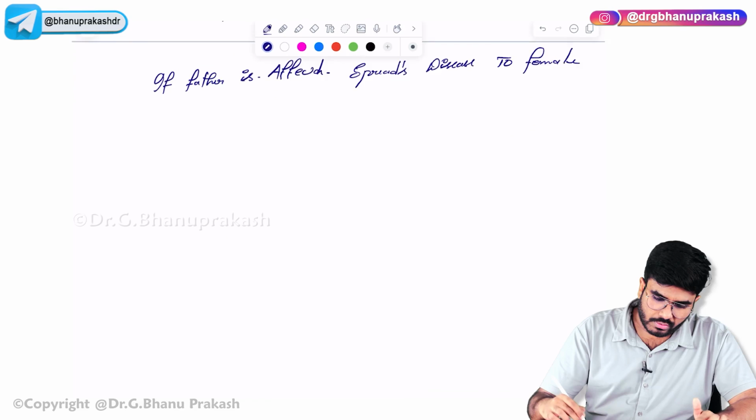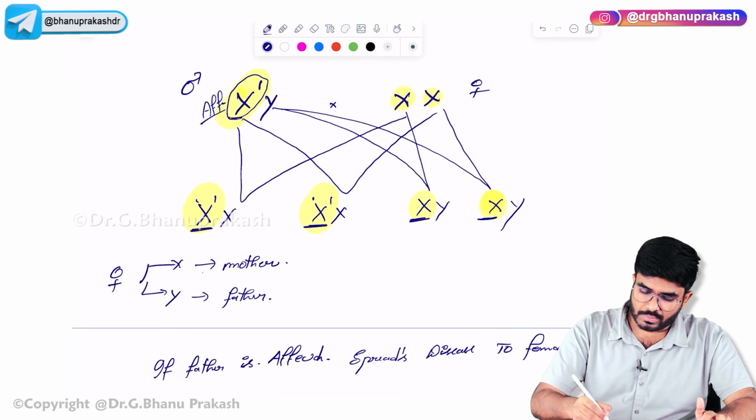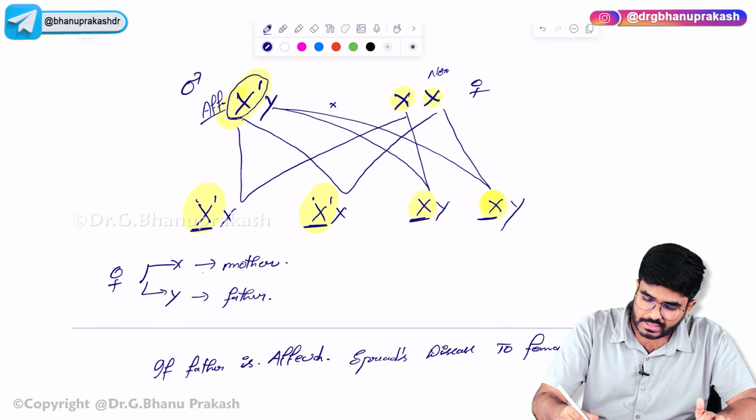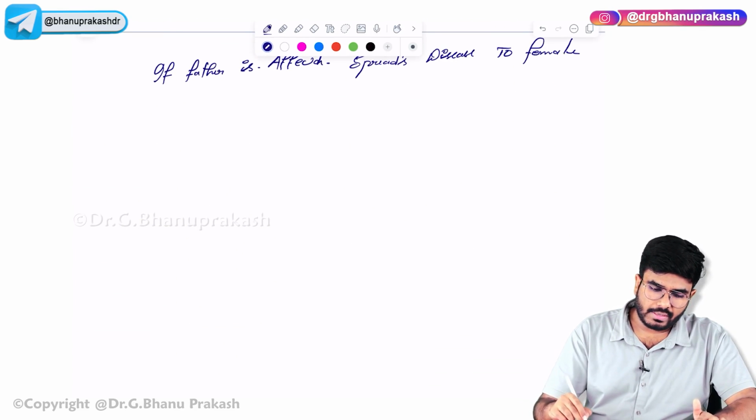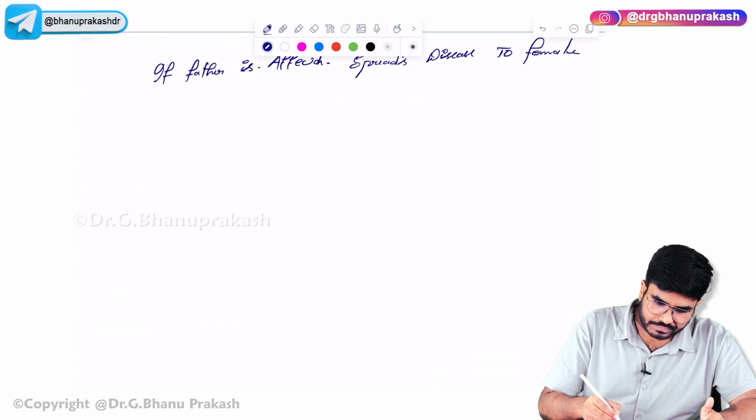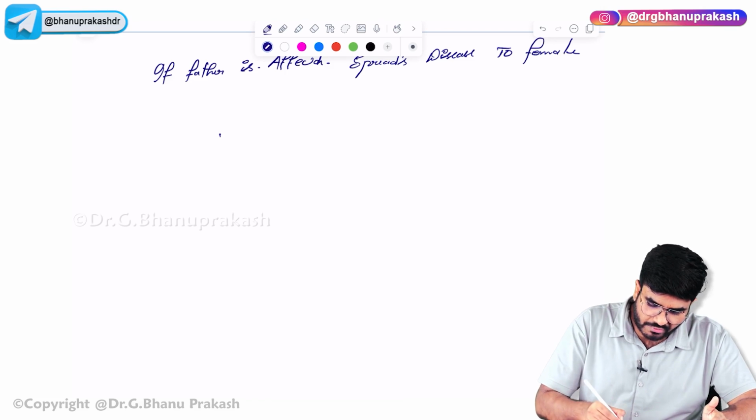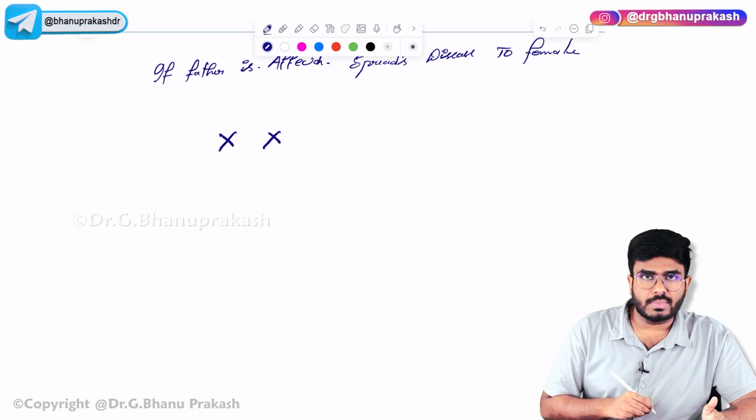Okay. Now, for example, if mother is affected, for example, here in this condition mother is normal, right? Now, let's see one more pedigree where mother is affected. Let's put it this way, affected mother. This is mother, XX, right?